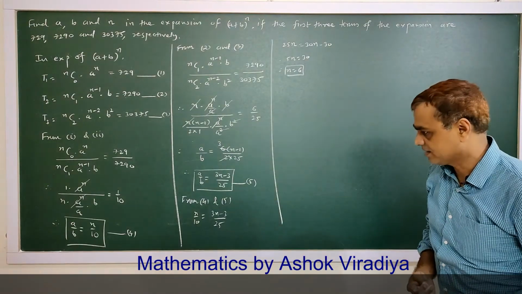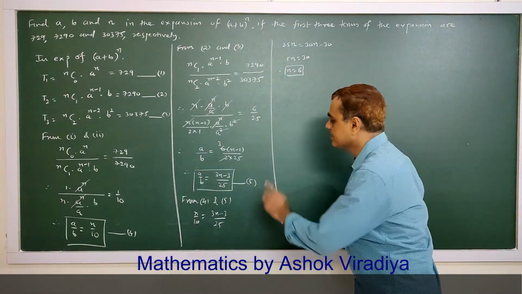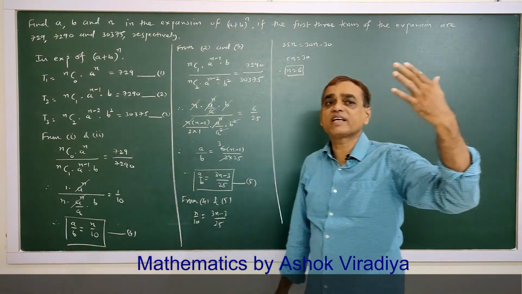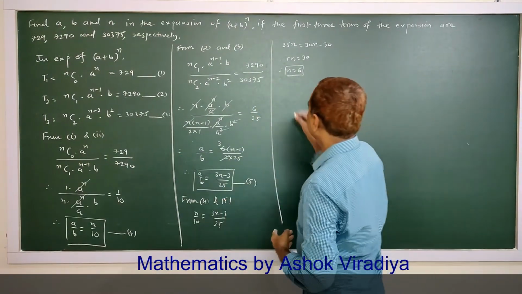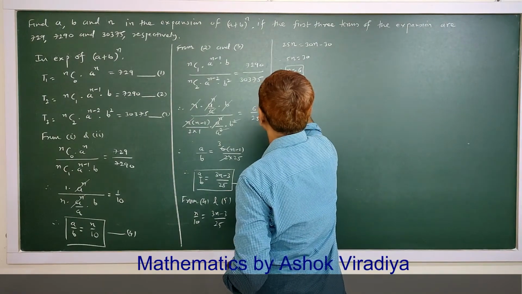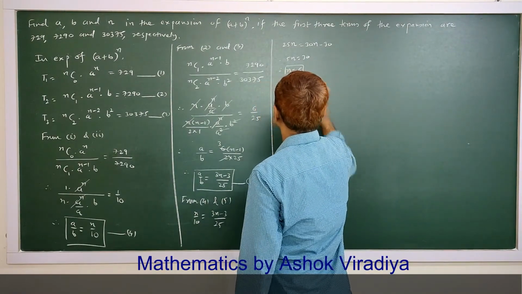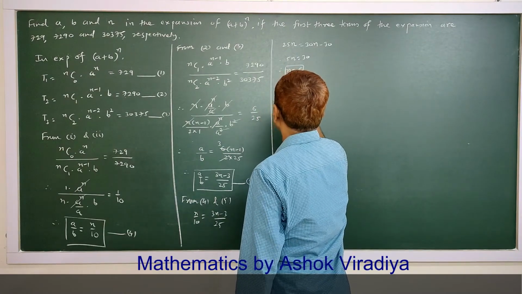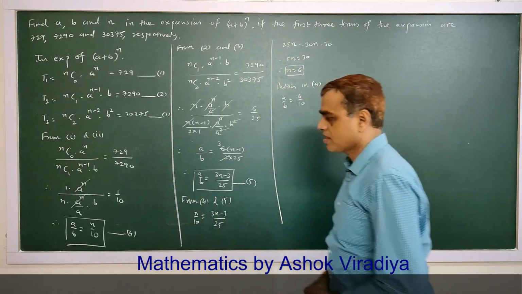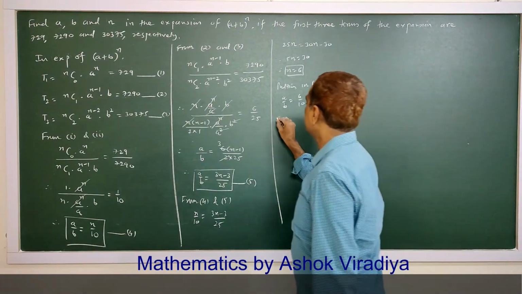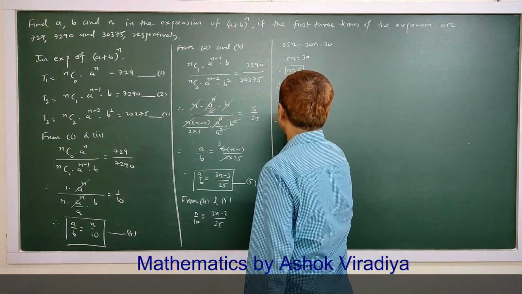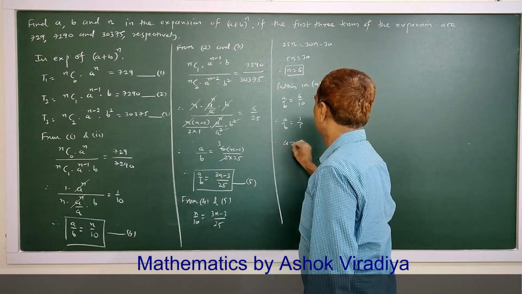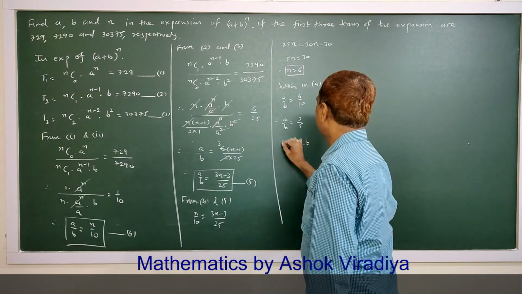Value of n is obtained. Now putting value of n either in equation 5 or 4, we can have the ratio of a and b. So putting in 4, a by b is 6 by 10. So a by b is 3 by 5. So a is equal to 3 by 5 into b.